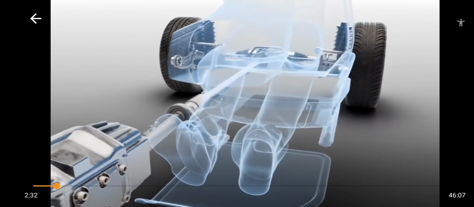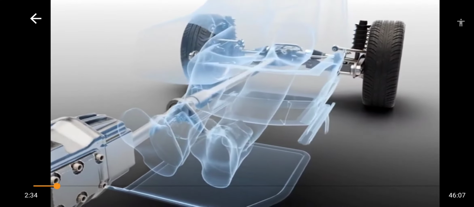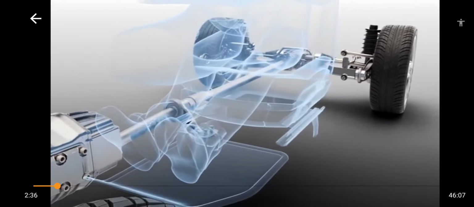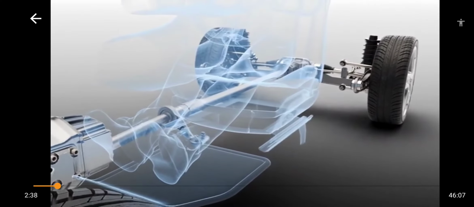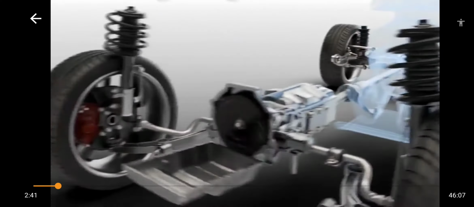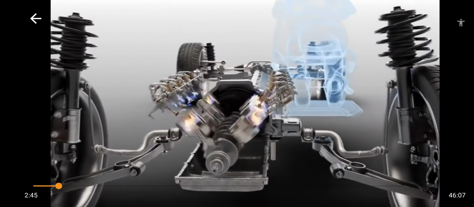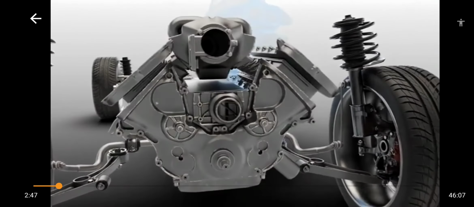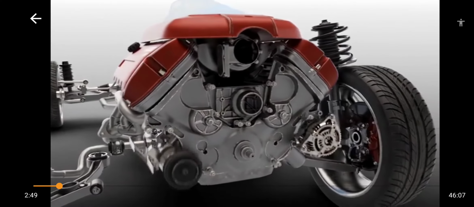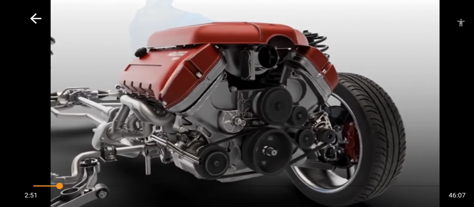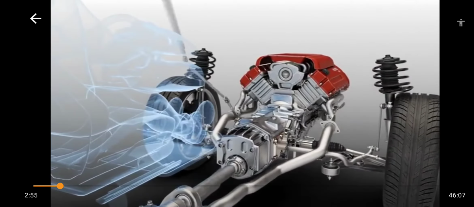They transmit the motion from the gearbox to the wheels. Engine. It converts the energy concealed in the fuel into mechanical energy to drive the vehicle. Steering system. It is used to guide the vehicle.